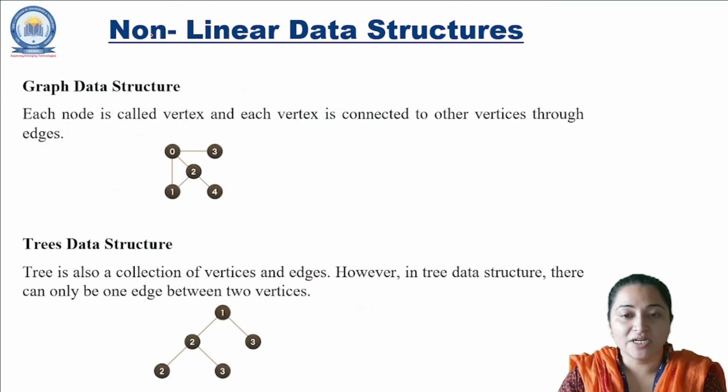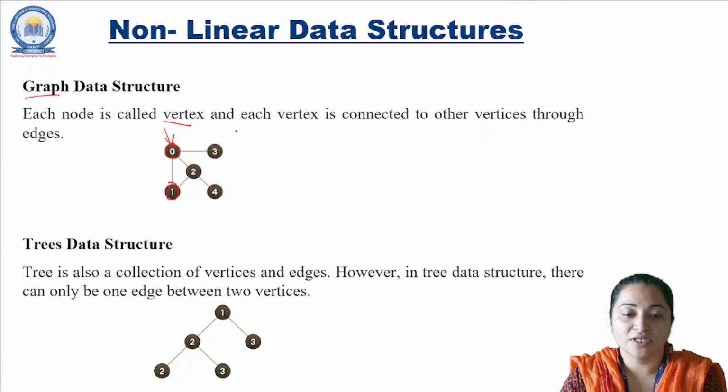Let us see nonlinear data structures now. First is the graph data structure. Each node is called a vertex. So these are nodes and they are called vertices. Each vertex is connected to other vertices through edges.